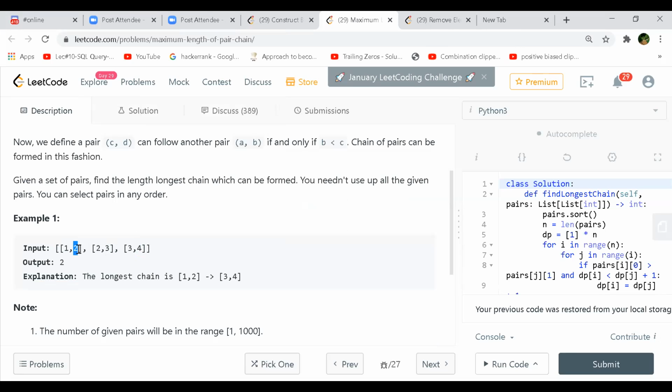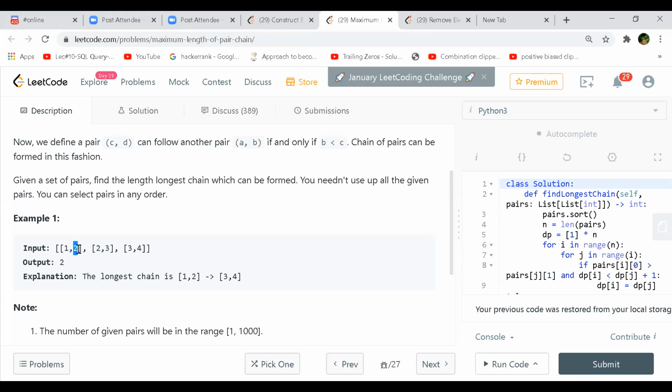So that 2 is less than 3, and therefore they can become a chain. Because if you have an overlap like 1, 2 and 2, 3, because they are the same, or even if they are less, then we discard it. Therefore you go from 1, 2 to 3, 4.